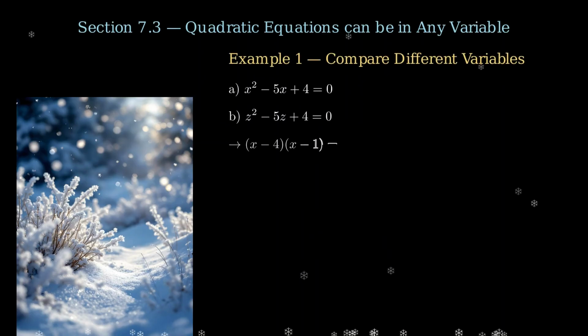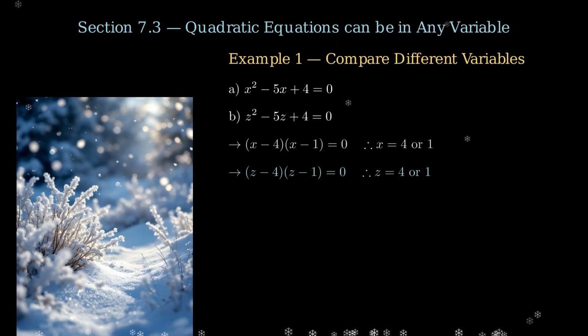Find the solutions of the following two quadratic equations. Equation A is x squared minus 5x plus 4 equals 0. Equation B is z squared minus 5z plus 4 equals 0. For equation A, it factors into x minus 4 times x minus 1 equals 0, giving x equals 4 or 1.